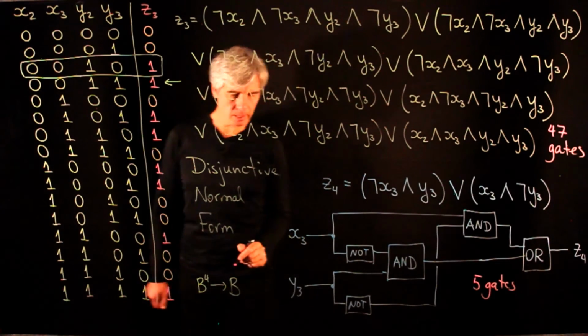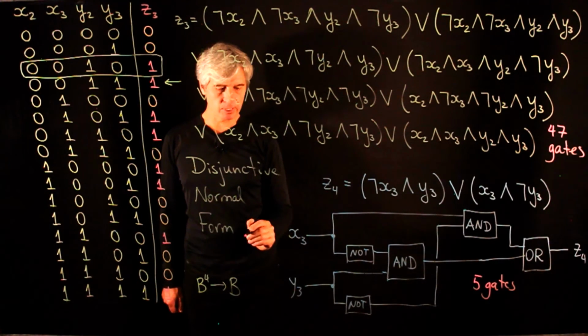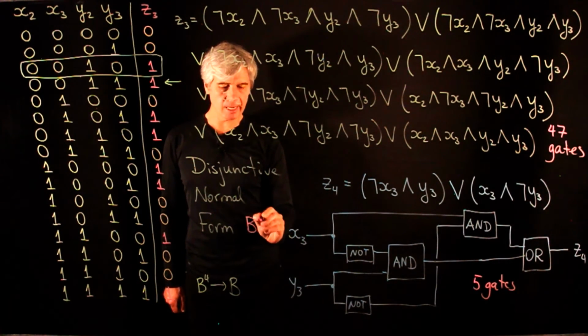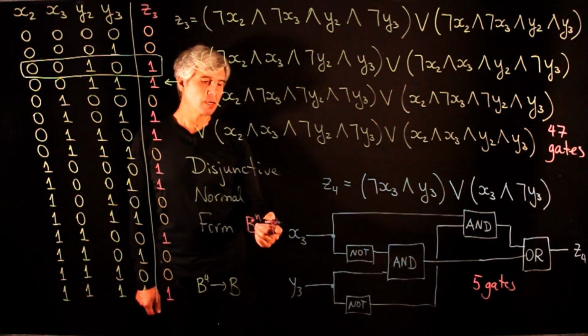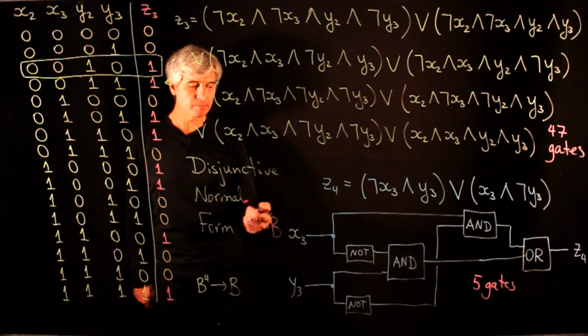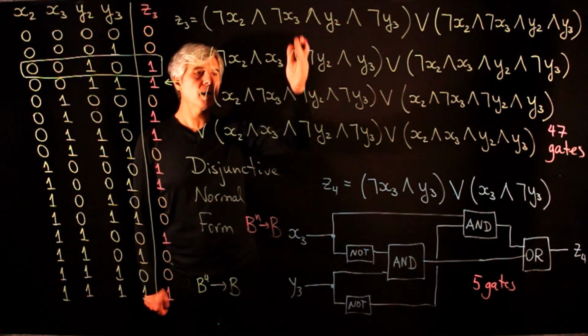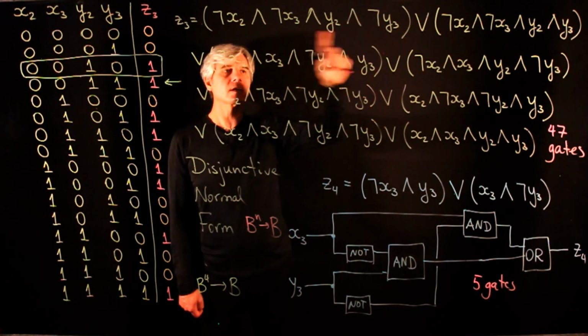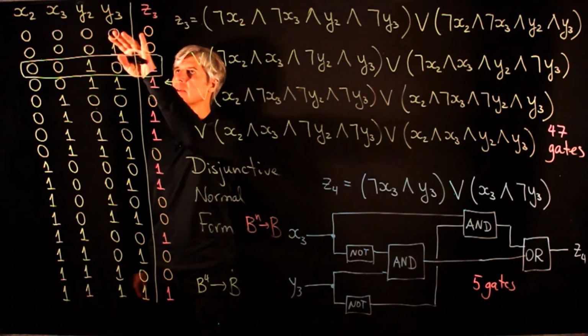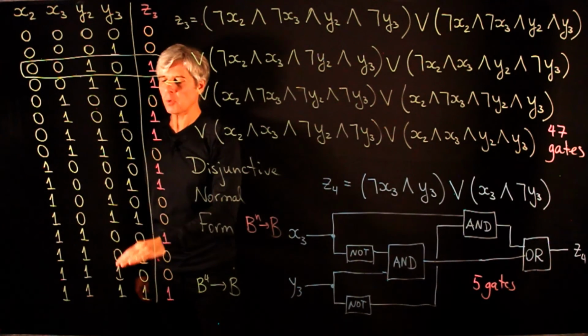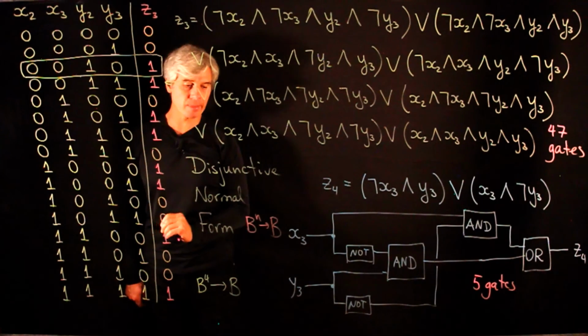So if we have a disjunctive normal form from Bn to B, then roughly we have about 2 to the power n conjunctive terms, because if we have n Boolean inputs, then the number of rows in this table is 2 to the power n.